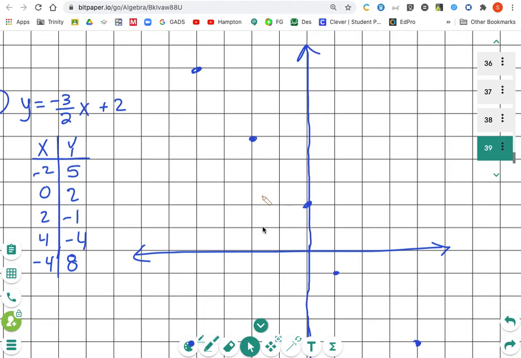Okay, we're going to connect our ordered pairs. It looks like we need to move this ordered pair over to -1. There we go. Great.